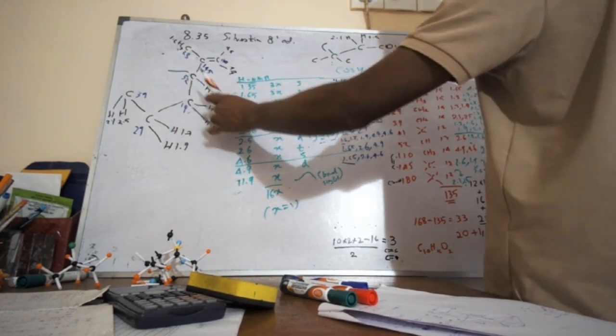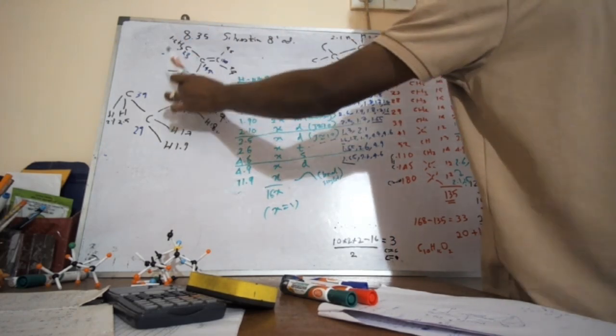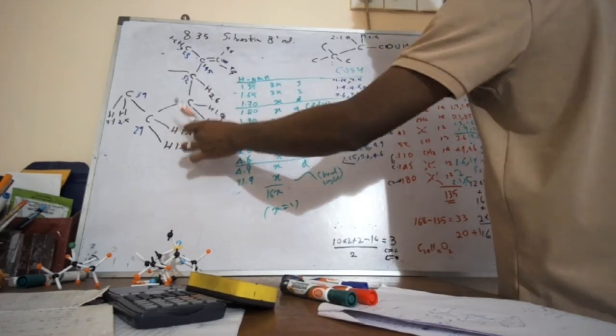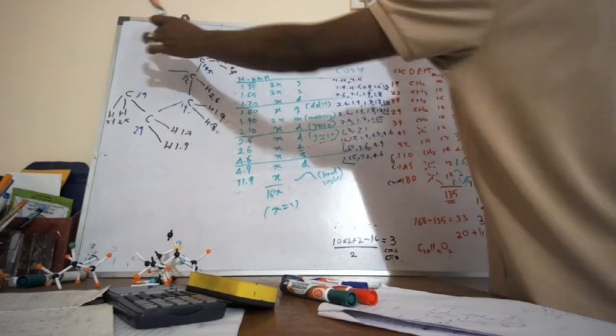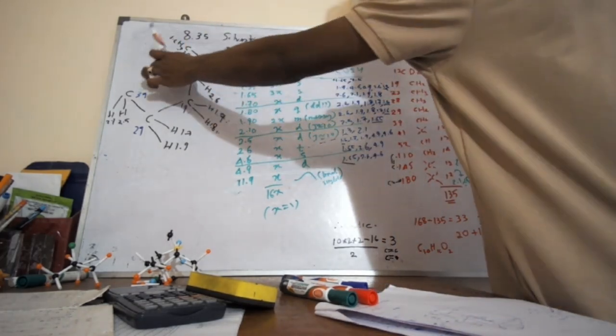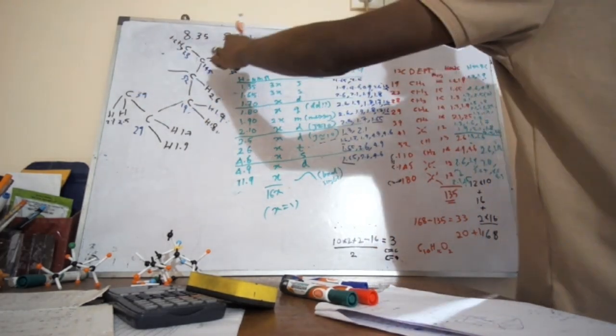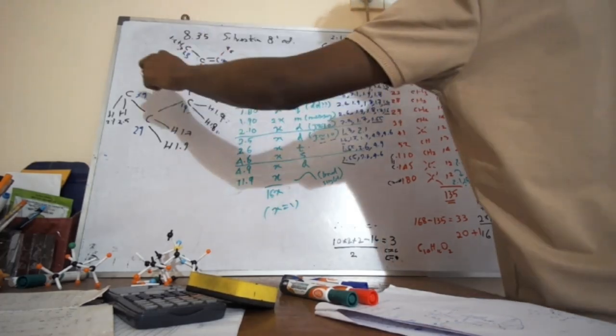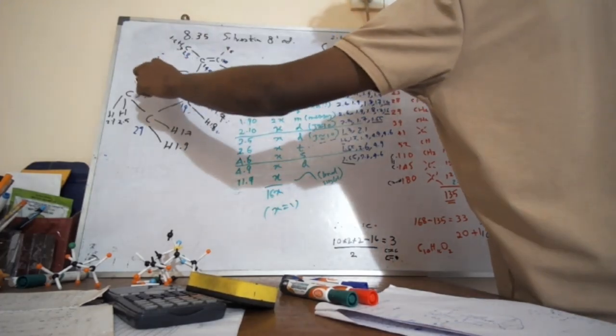So the 2 protons on this side of the carbon, because 1, 2, 3, right? It also correlates with 4.6, 4.7, but it doesn't correlate with anything apart from these protons, right? So probably you have a quaternary carbon over there.